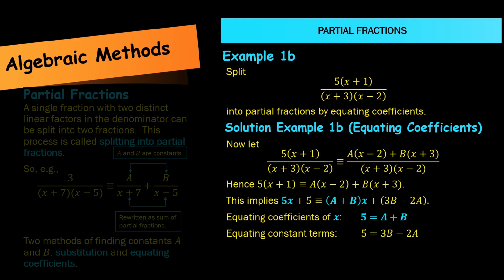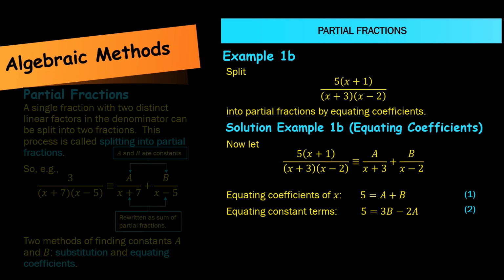Here are the coefficients of x, and here are the constant terms. We're going to call these equations 1 and 2. Solving by multiplying the first equation by 3 and then subtracting the second equation gives us 10 equals 5a.